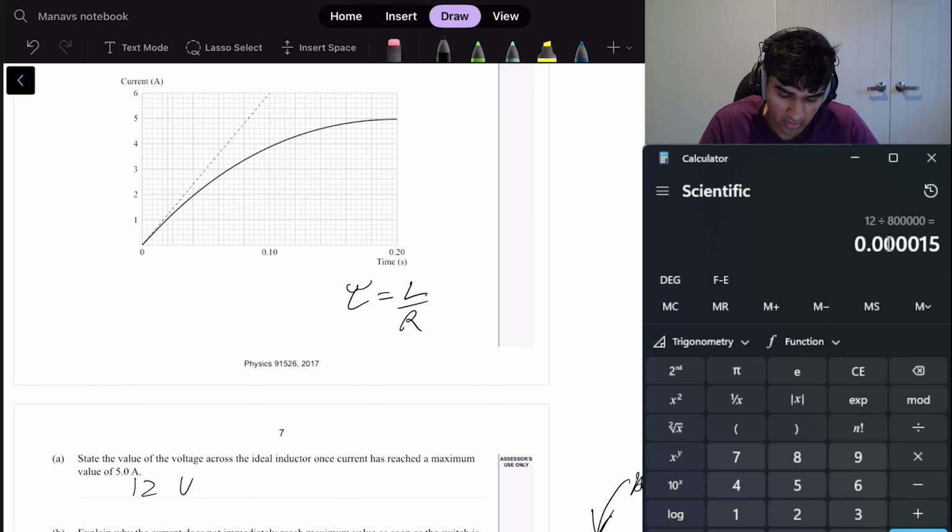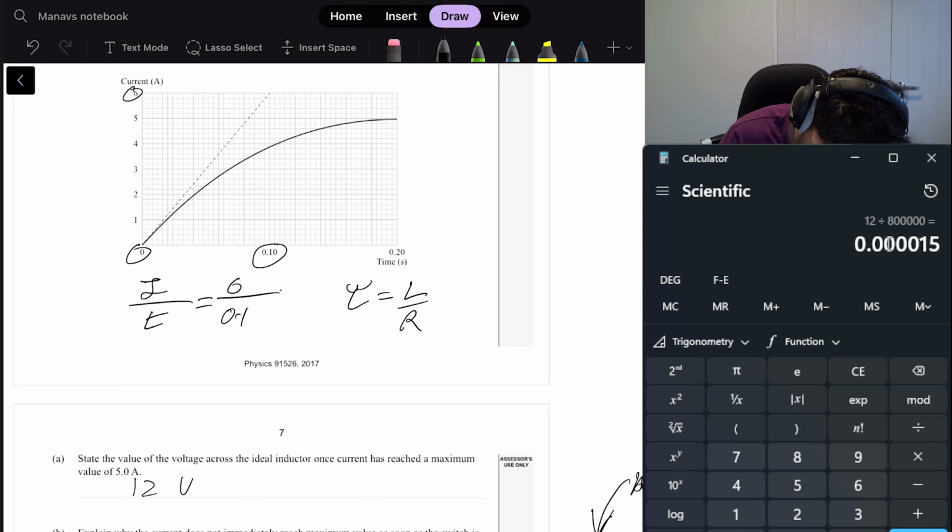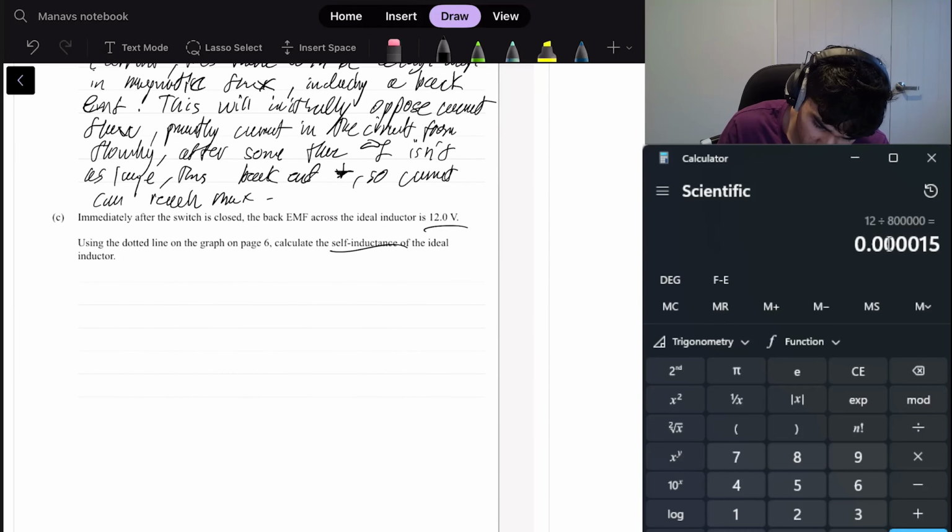We can do current over time. It'll go from 0 to 6, sorry, in 0.1 seconds. So we got 6 divided by 0.1. That's just 60. Okay, yeah. 12.